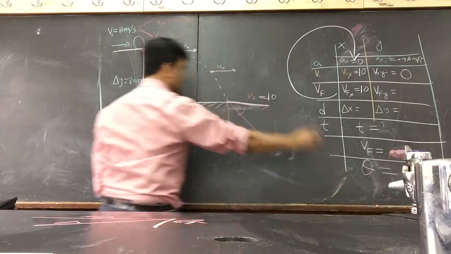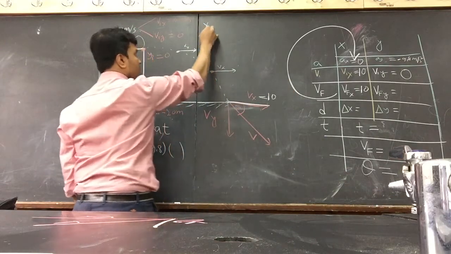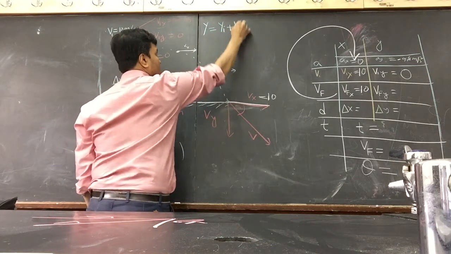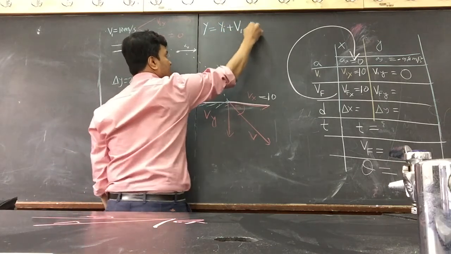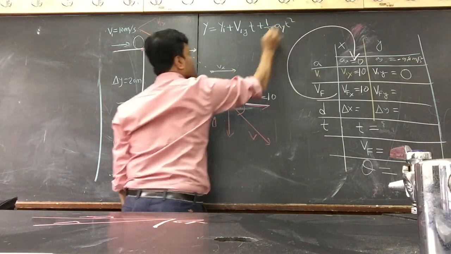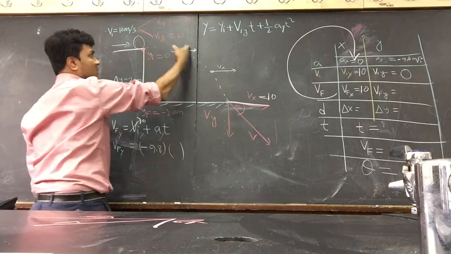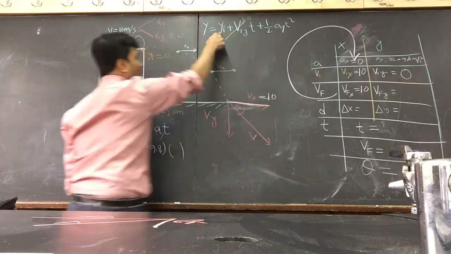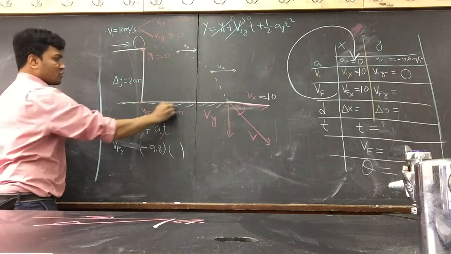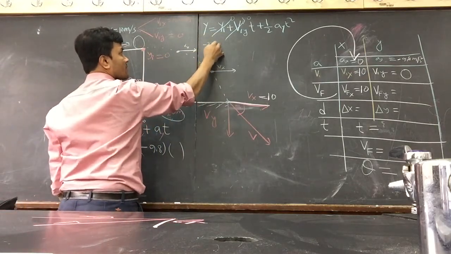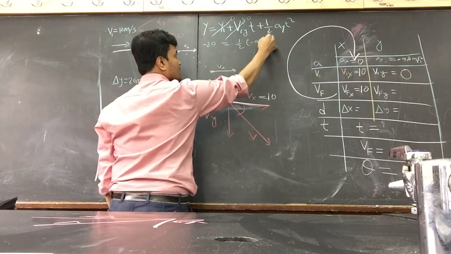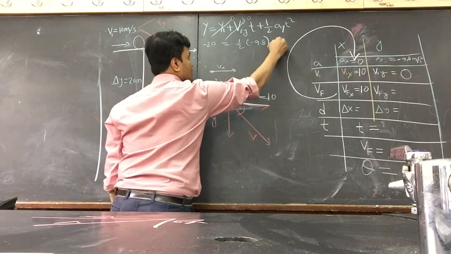How can we find t? It's very easy. We write y is equal to y naught plus v initial y t plus half a y t squared. v initial y is 0, y initial is 0, y is negative 20, half of negative 9.8 t squared.